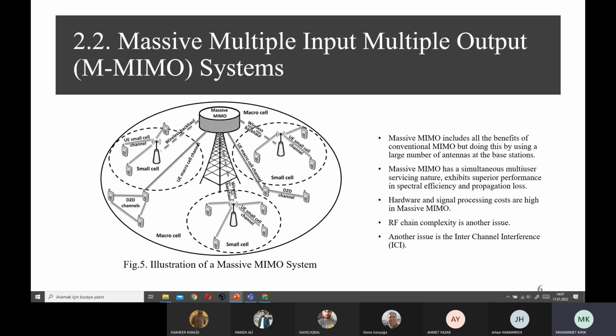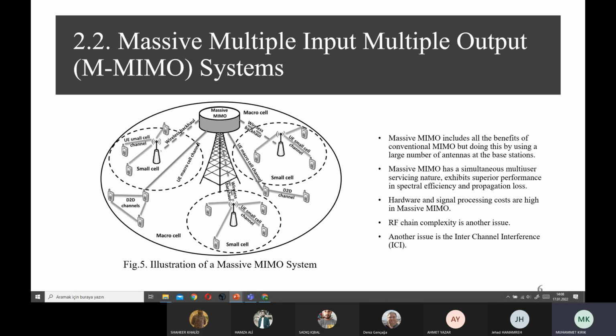So we use them for multiple users, and it also has the capability to exhibit superior performance in terms of spectral efficiency. And since we are using a lot of antennas and sending the same data from many different antennas, we have less propagation loss in our transmission systems.